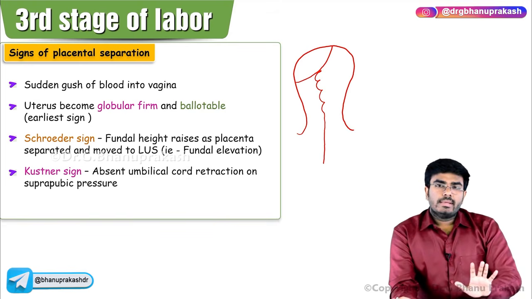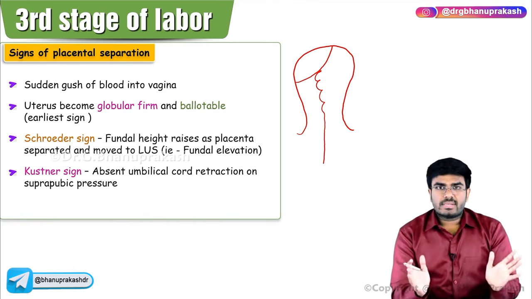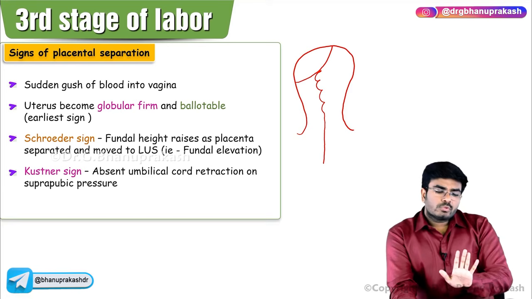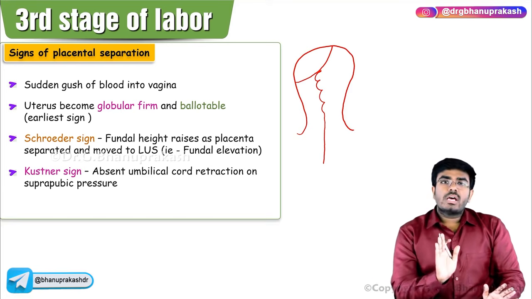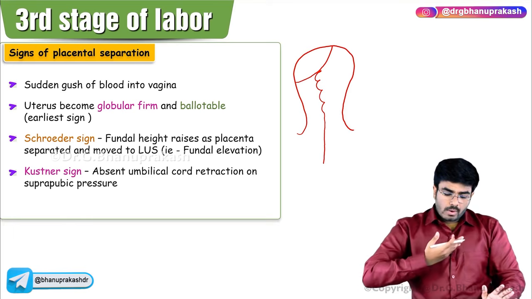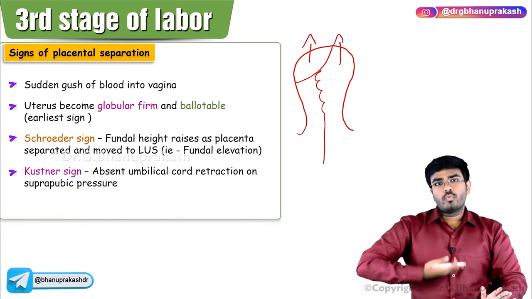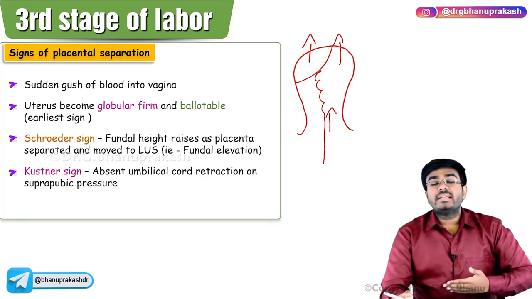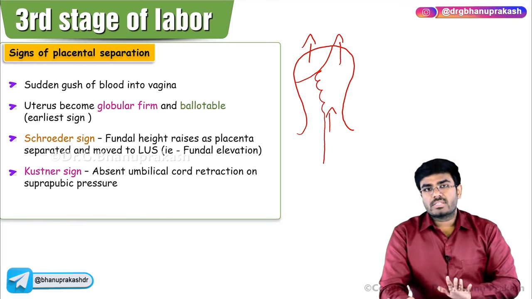Delivery of the baby has happened, second stage of labor completed. Now if you apply suprapubic pressure, or if you try to push the abdomen towards the head, what happens? With the movement of the uterus, placenta will also move towards the head. The umbilical cord also retracts back into the abdomen. Okay, this is what happens normally.